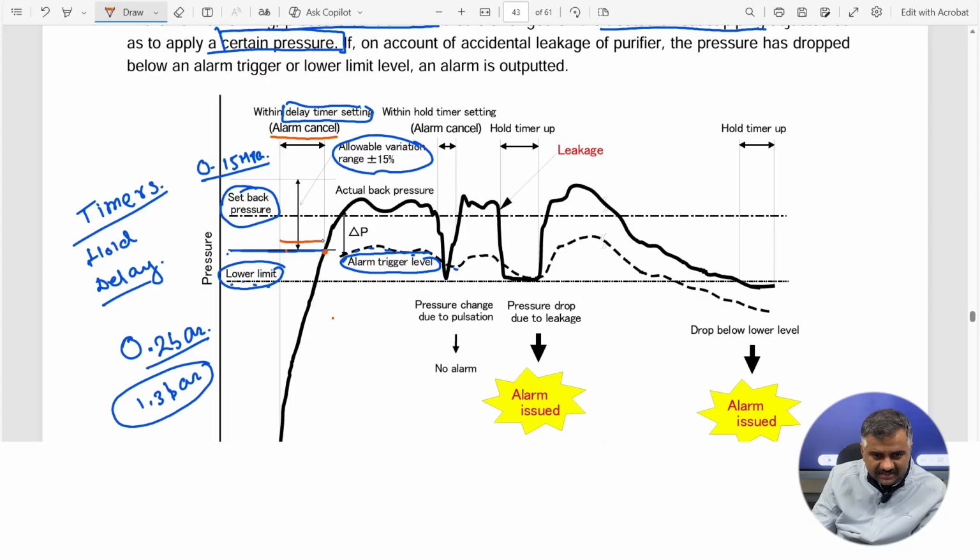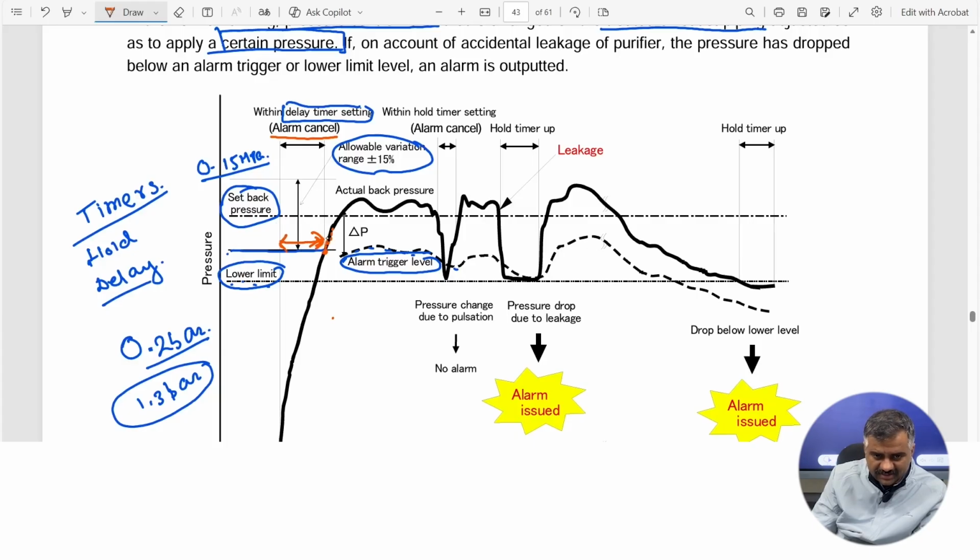Until the pressure rises above the alarm trigger level, the delay timer delays the alarm. So initially you will not get a leak alarm even if there is a drop in pressure, because it is expecting that the treated oil has not yet reached the outlet side.